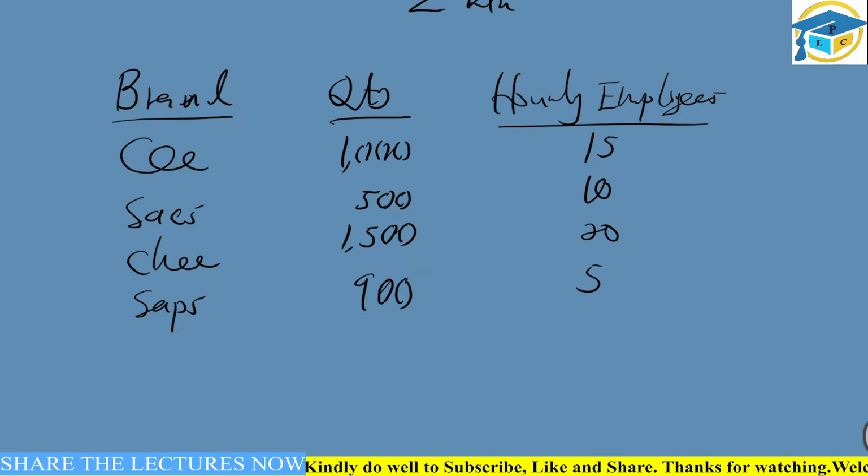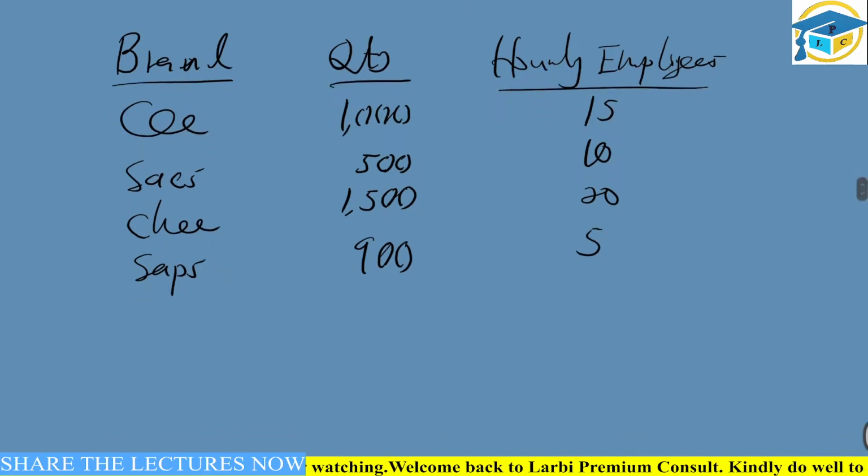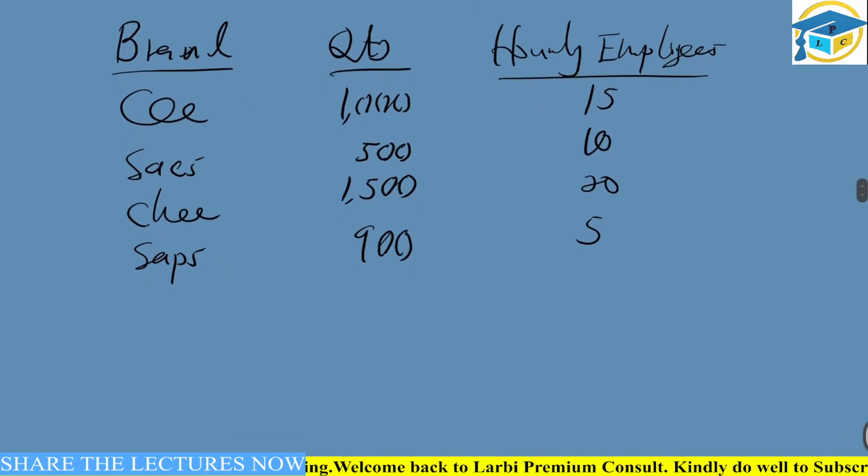So for us to know the output we're going to get from these employees, you must find a summation of how much quantity is produced within this number of employees within the hours that they work. So this is how the weighted mean concept comes in.